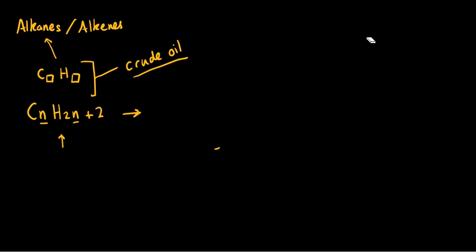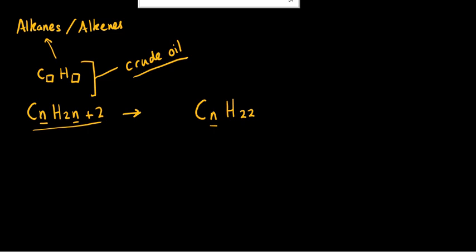I could also do this the other way around. Let's say, for example, I had CnH22. I want to use this equation to work out how many carbons I have if I know I have 22 hydrogens. The first thing I need to do is the opposite of what I've done here, so I'll have to minus 2.